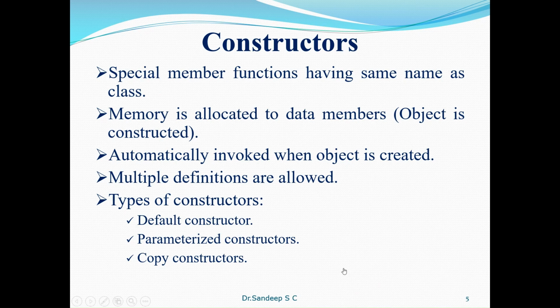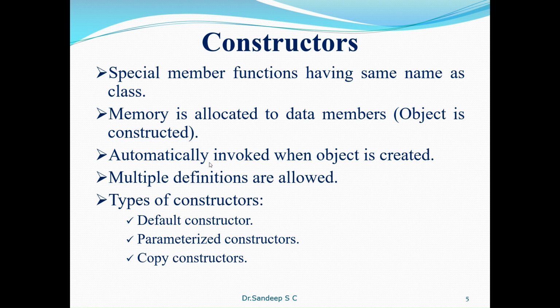Constructors. Constructors are also functions, but they are special member functions having the same name as the class name. The name of these functions will be the same as that of the class to which they belong. These constructors do the job of memory allocation for the objects. Whenever we create an object, depending on the data members we have for that class, the memory will be allocated by these constructors.